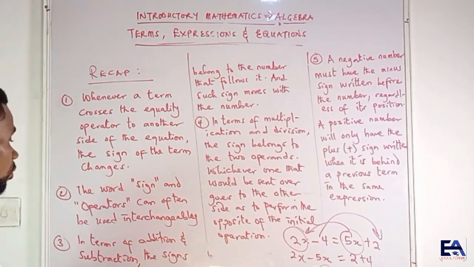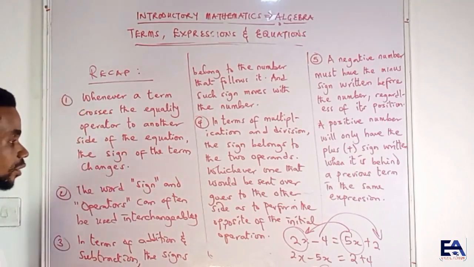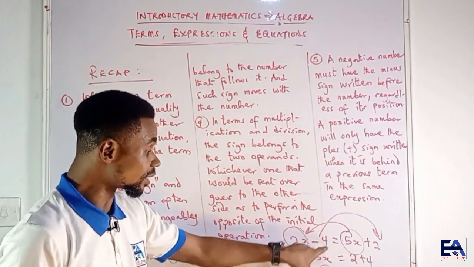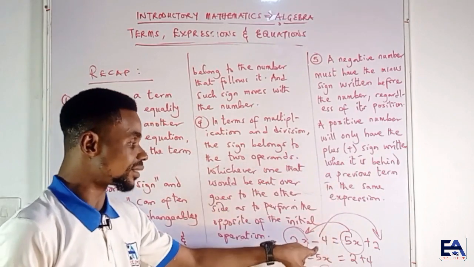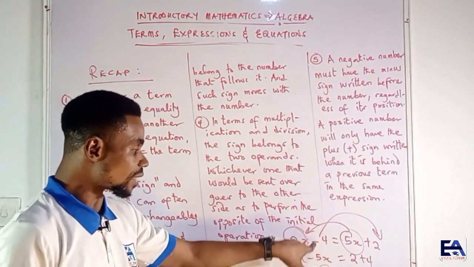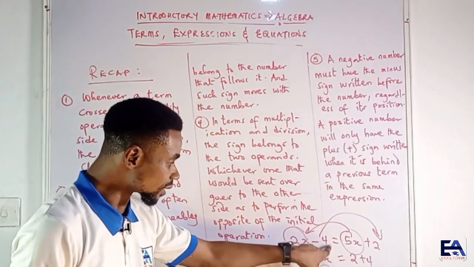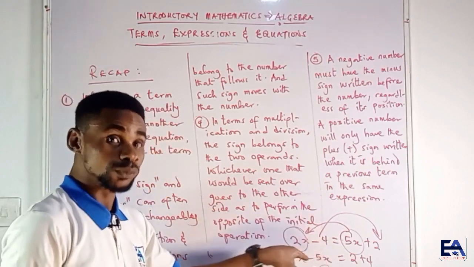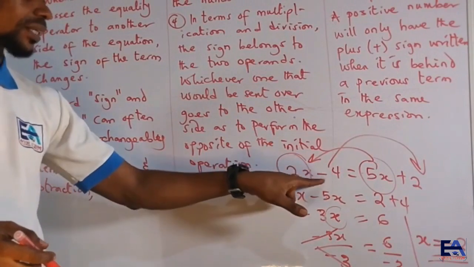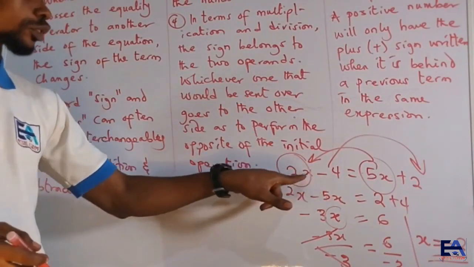Then in terms of addition and subtraction, I also told you that the sign that comes before a number belongs to the number that comes after the sign. The number that appears after the sign owns the sign. But the number that appears before the sign does not own it.